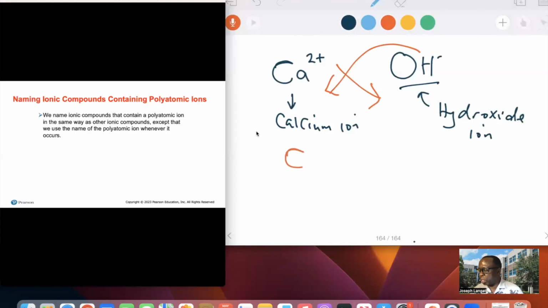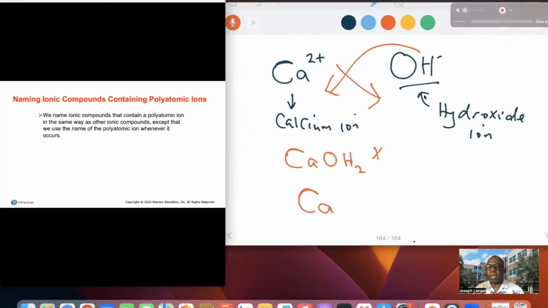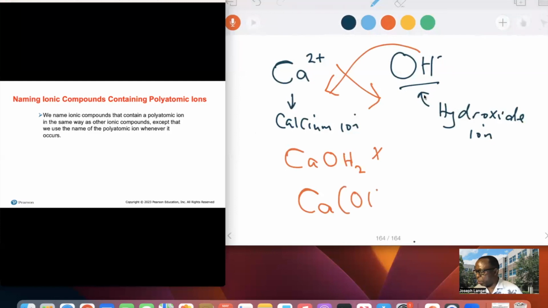Do not just write this, which somebody might say is what I get from the crossover rule. The correct answer is that the polyatomic ion hydroxide works as if it is one unit, and you need to use the parentheses, with a subscript 2. This is the correct one, and this is wrong. I'm just showing you how to write the correct formula using a polyatomic ion.